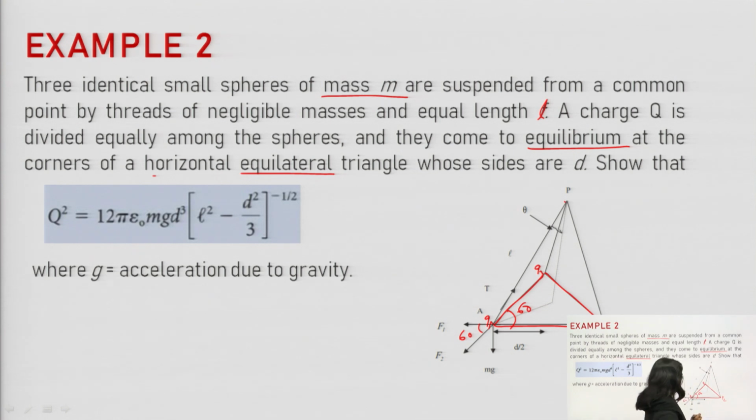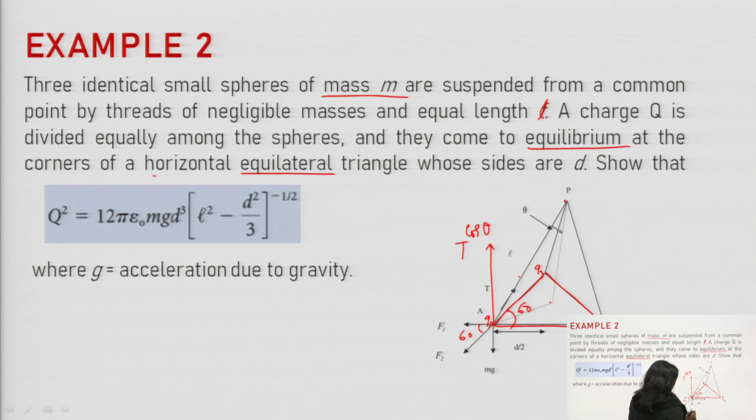For that we need to see what are the forces acting on this Q1. So F1 and F2 we have seen, these are the two forces exerted by Q2 and Q3. Now tension is acting in this thread, so here we will have T cos theta. Theta is the angle between the thread and the vertical line from this point to the midpoint of the equilateral triangle.